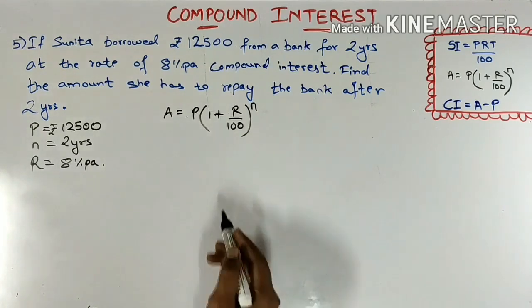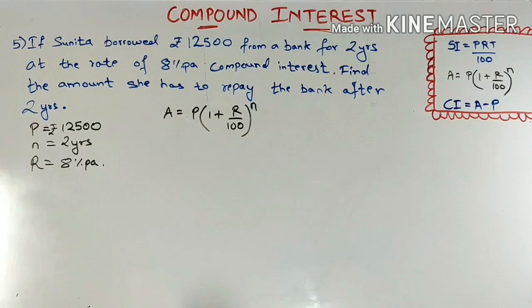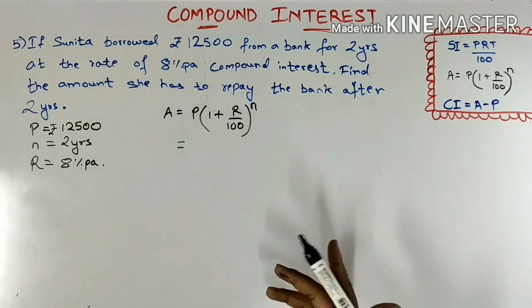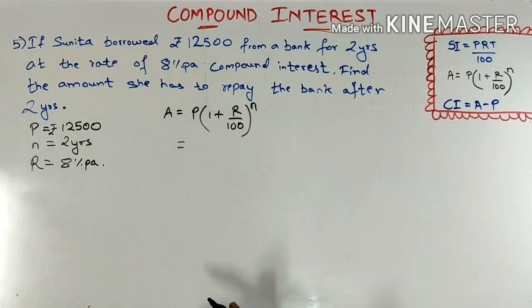Now let's move ahead. Those who solved it, very good. If you practice more and more, you will be able to easily simplify the given problem and you can solve it easily.